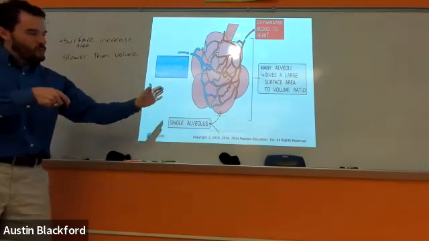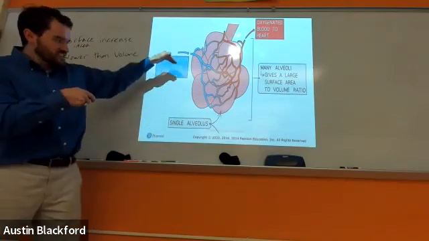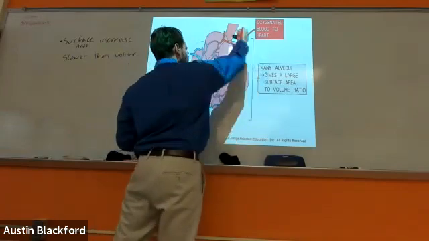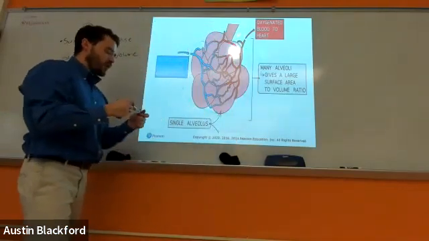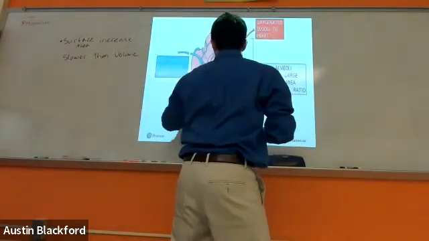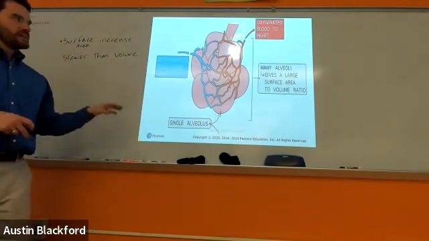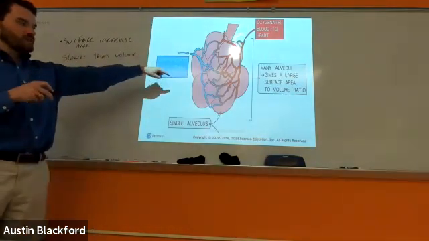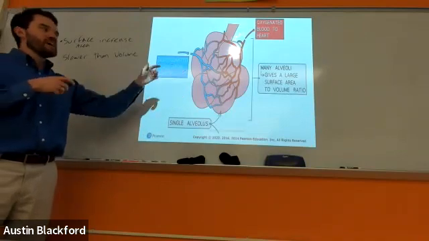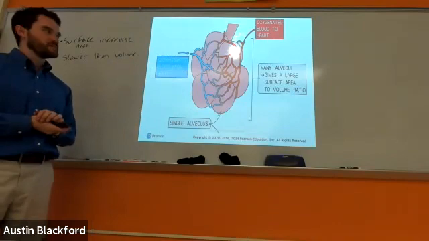The reason why it's not one big ball and it's multiple smaller balls is that it gives you more surface area while maintaining the same volume. Having more surface area, you can have more blood vessels that wrap around that alveolus and exchange the oxygen and carbon dioxide that we need to keep ourselves healthy.